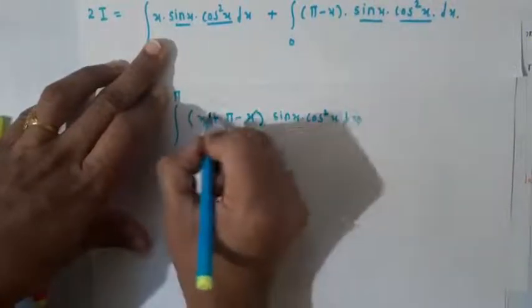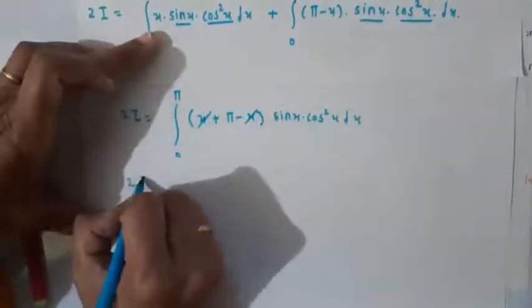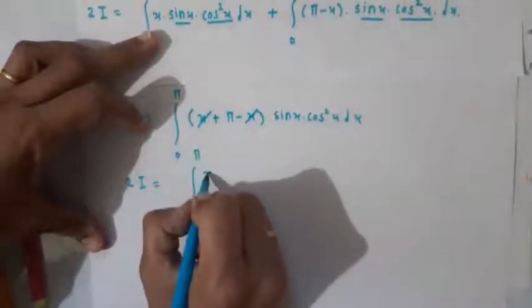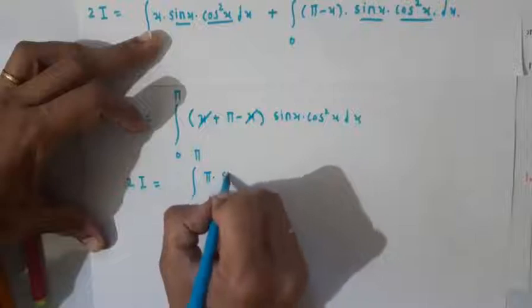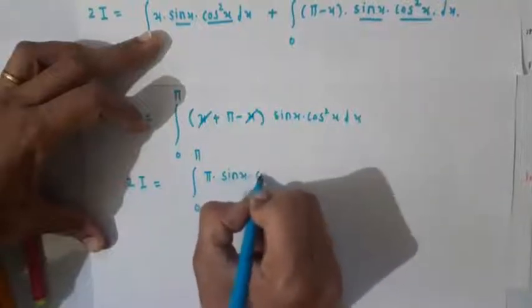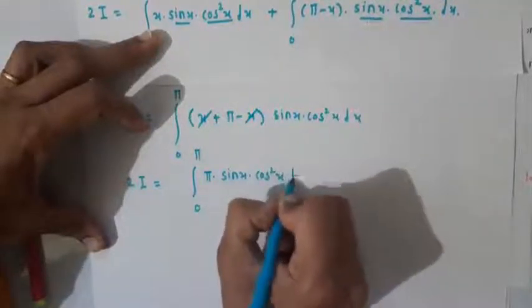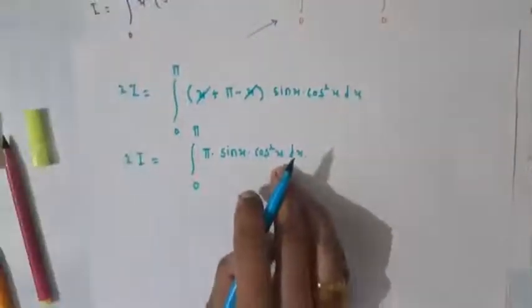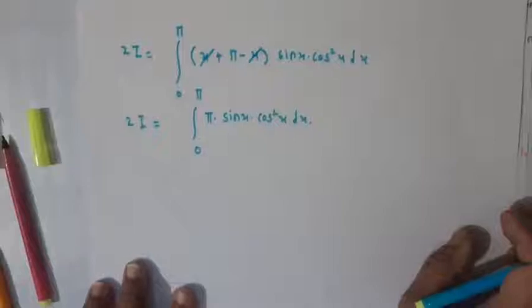So plus x minus x get cancelled, and here 2I equal to 0 to pi sin of x into cos square x with respect to x. And students, in this way we have simplified the problem.